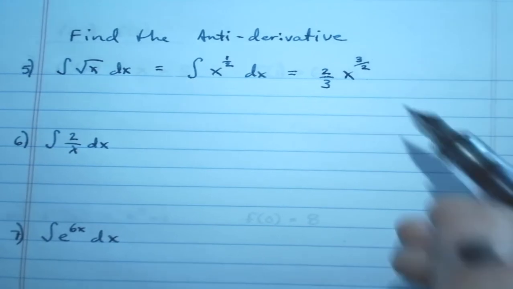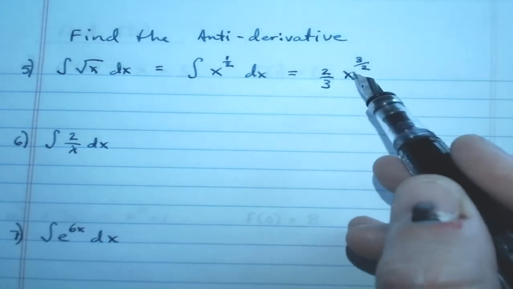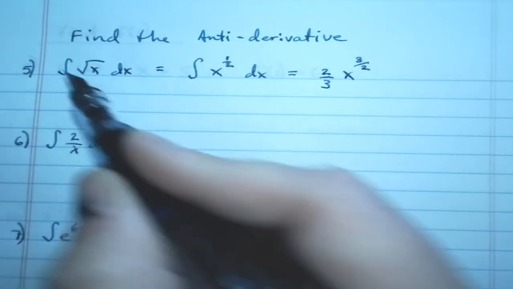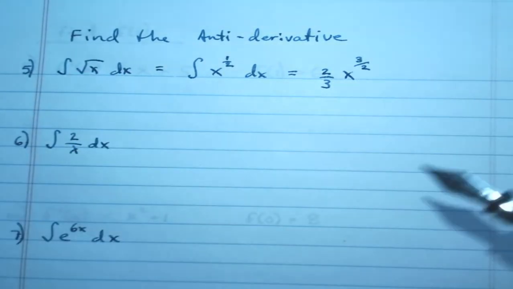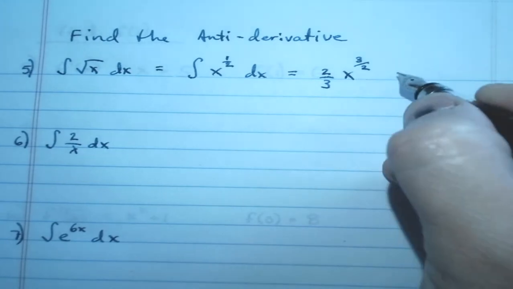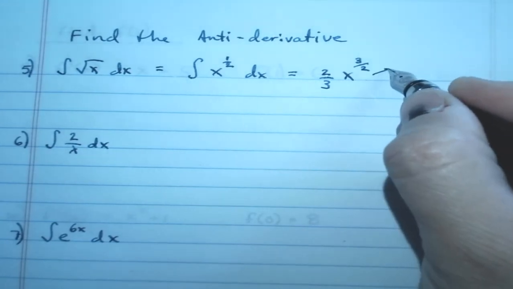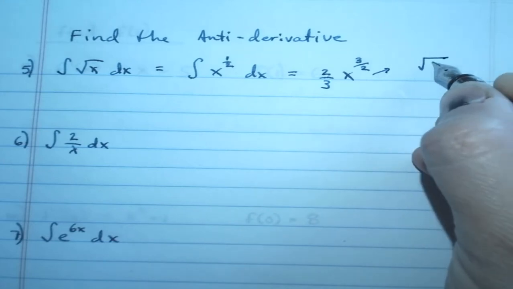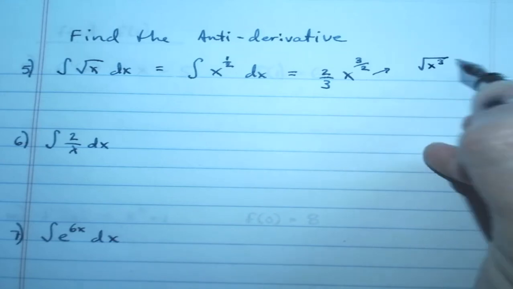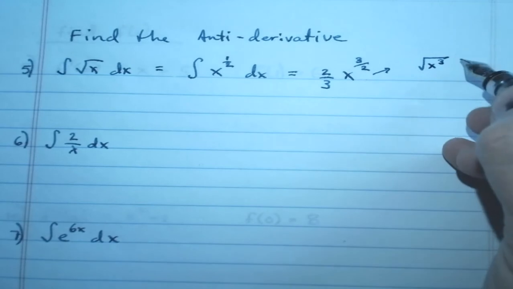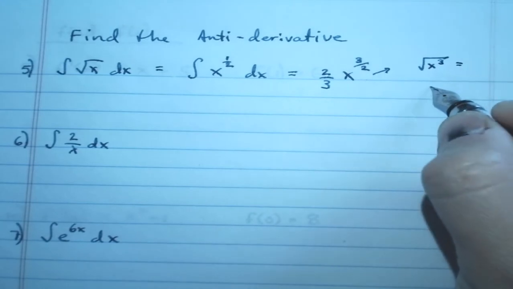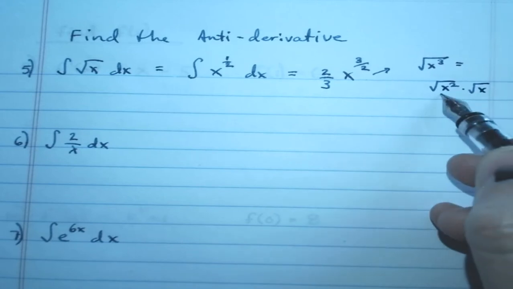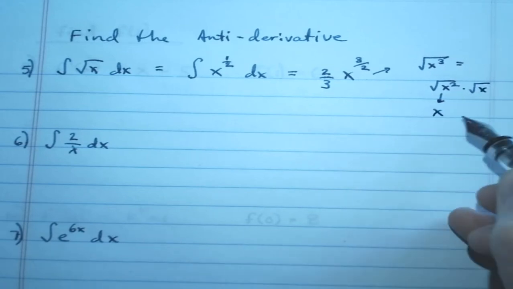Cool. Now, the only last step to make, other than finding that coefficient, is if they gave me a square root, then I would like to give them back a square root. And you've got to remember, this is the equivalent of the square root of x cubed, which is square root of x squared times the square root of x, and that's just an x.